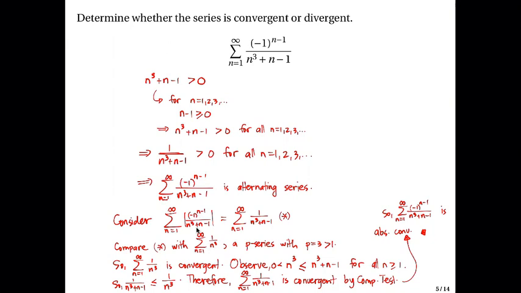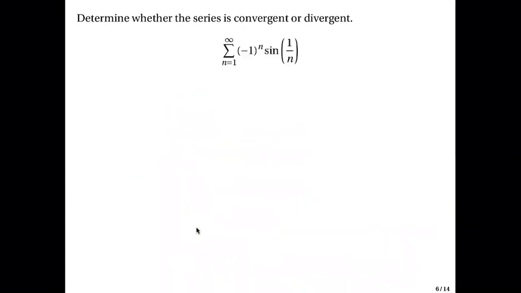Okay? So question. Let's consider now the next series here. So the sum of -1 to the n sine of 1 over n, running from 1 up to plus infinity.